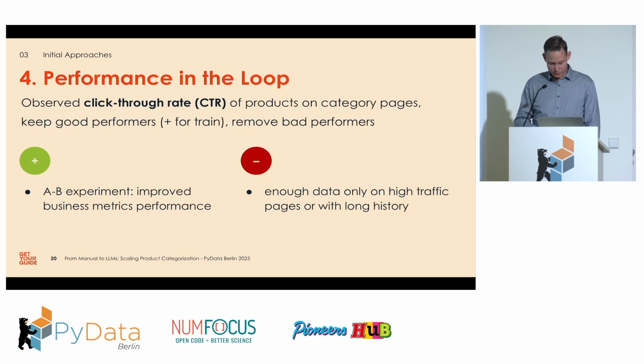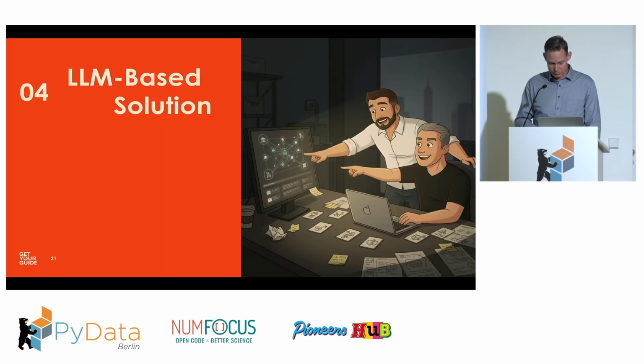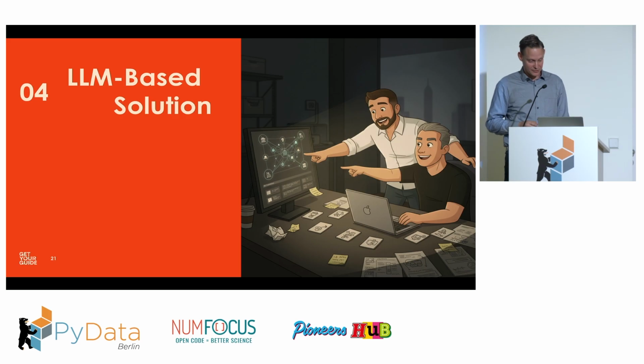So that's why we then switched to try out LLM-based. It was also the time when ChatGPT came along, and then Giampaolo tried out a lot of different things that he will now talk about, and we finally got to this LLM-based solution.